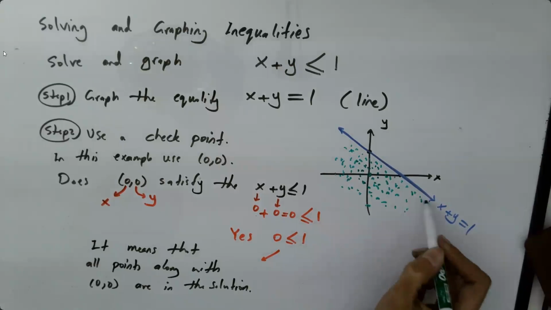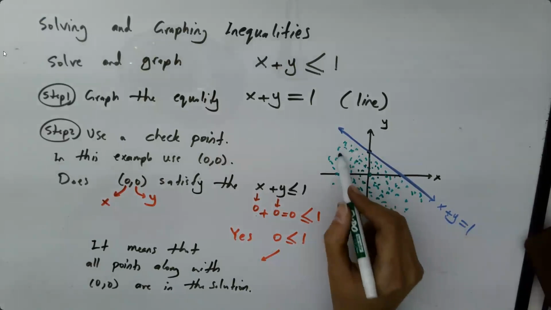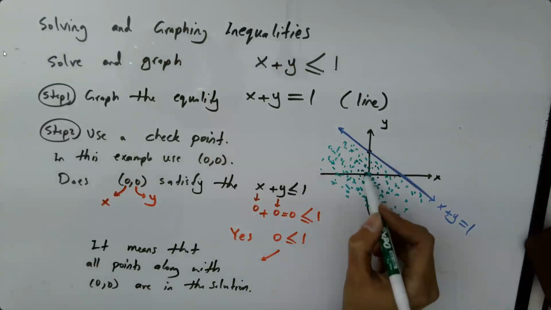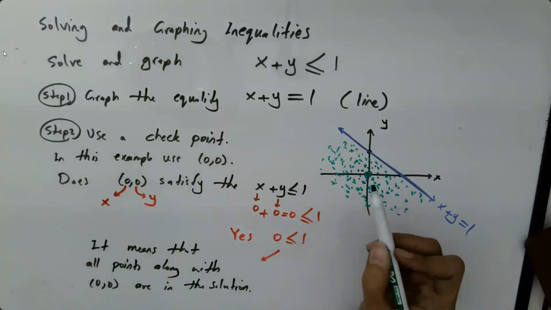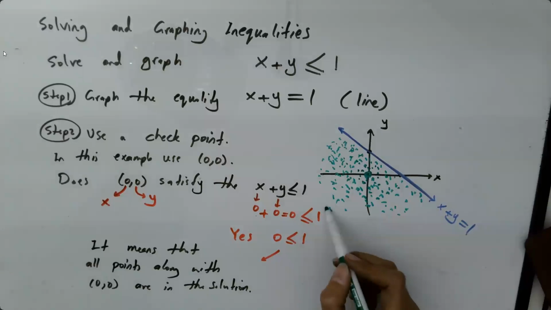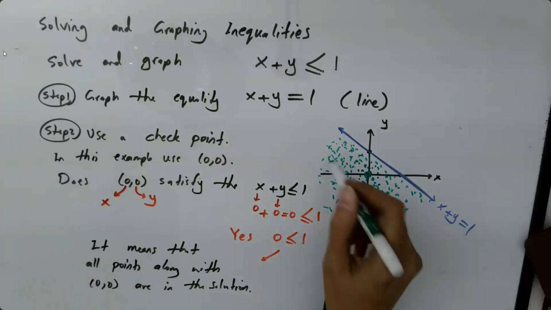So as you can see, we have infinitely many points. All of these points are included. They are part of the solutions. 0 and 0 satisfy as 1 point, a checkpoint, one point representative of all of these points. So in math, they do not just use dots.